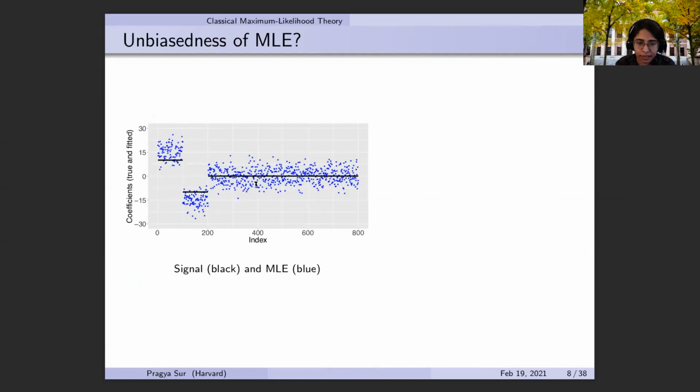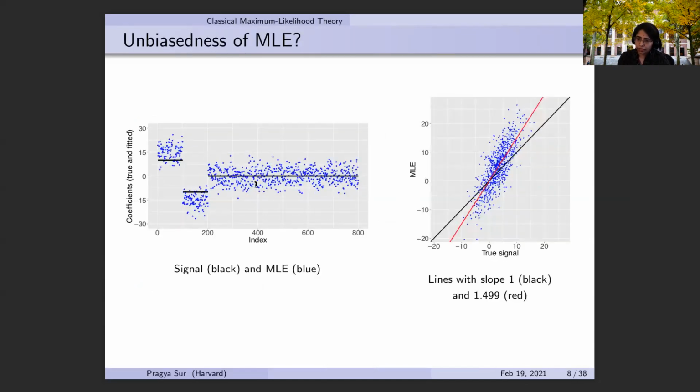Let me show you another setting. Here I'm showing a scatter plot of the maximum likelihood coefficients, the blue points, versus the true signal. In this case, the signal coordinates are IID from a normal with mean 3 and variance 16, so it has a large variance.